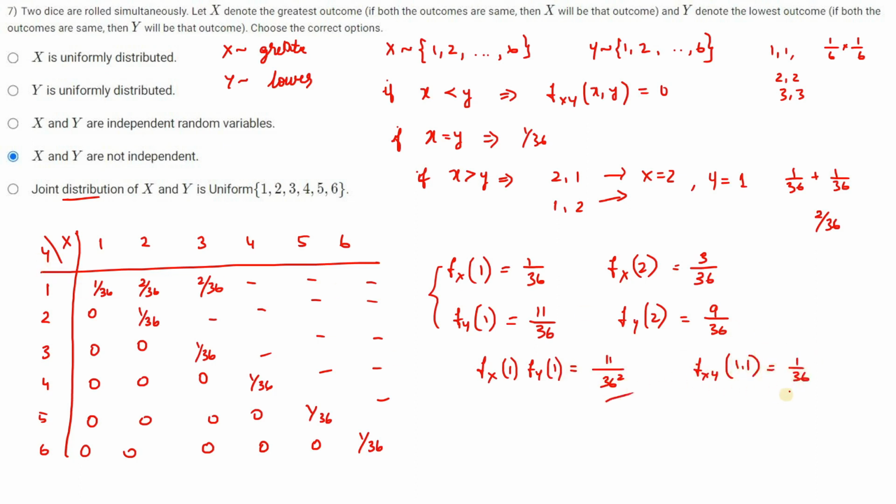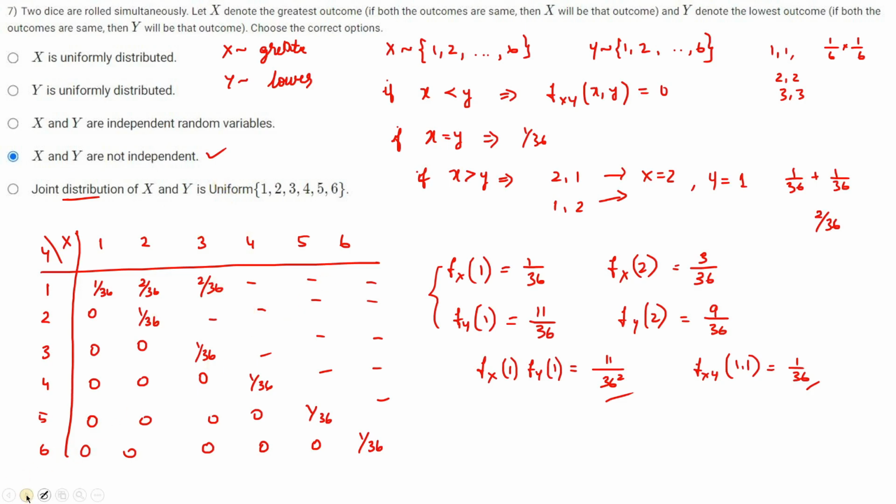Obviously these two values are not equal, and hence x and y are not independent. So what about x and y? This is the joint distribution of x and y. Is it uniform? If this table is uniform, all the values inside this table have to be the same, right? We have three kinds of values present in this table: 0, 1 by 36 and 2 by 36. Obviously this is not a uniform distribution, right?